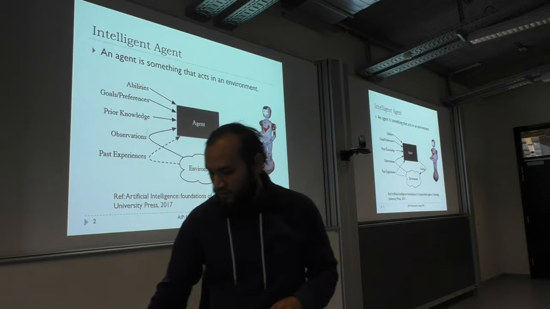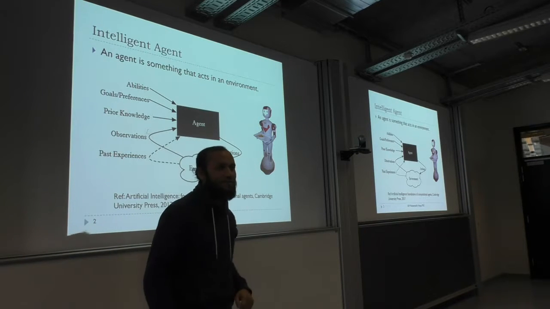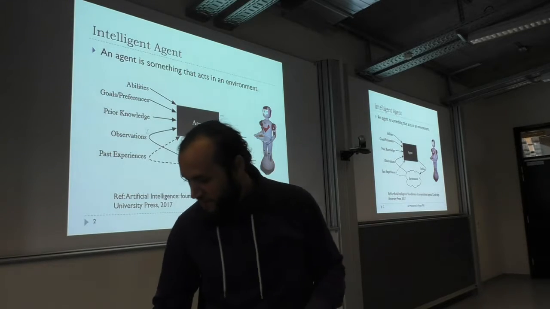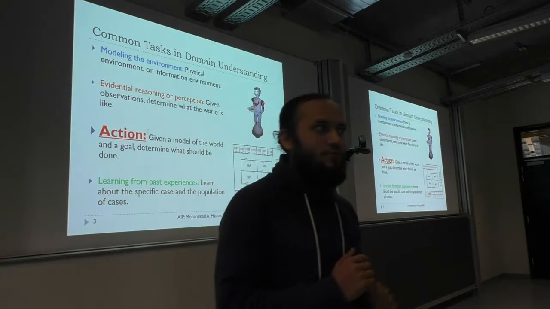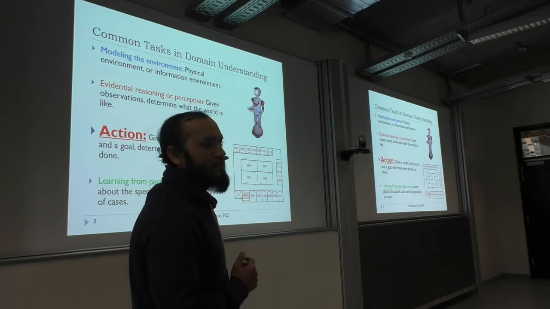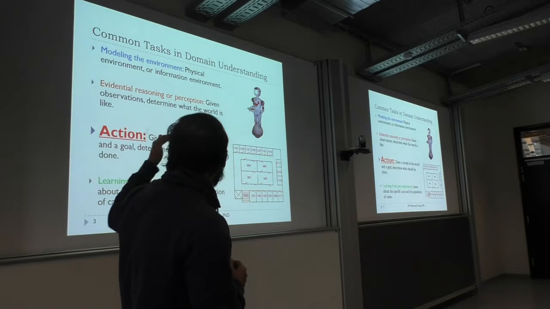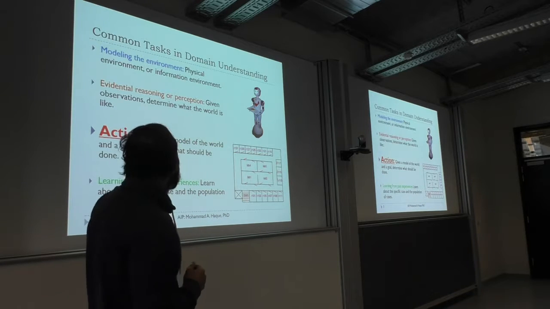Also just keep in mind this example of our serving robot. If we go for domain understanding, you have seen this slide before. There are 4 basic tasks here. One is modeling the environment.